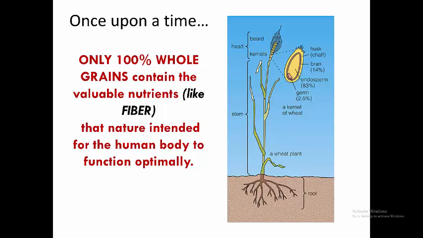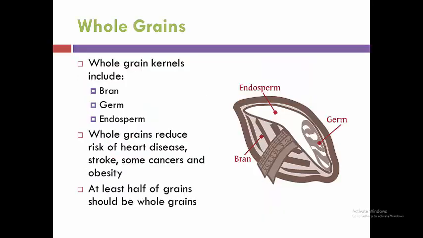So the whole grain contains the whole amount of valuable nutrients. There's the bran, there's the germ, there's the endosperm. So that outer layer is going to have some fiber and other nutrients. Those inner parts are going to have proteins and fats that are healthy for us.